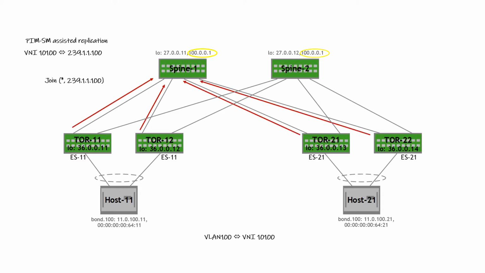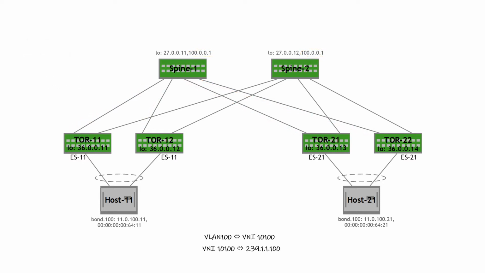The VTEPs that are participating in VNI 10100 join the rendezvous point tree for 239.1.1.100, and this happens ahead of time before any traffic is received. Similarly, all of the VTEPs register themselves as sources for that multicast group, and that is done via null register messages. This priming of the pump allows for lossless traffic forwarding.